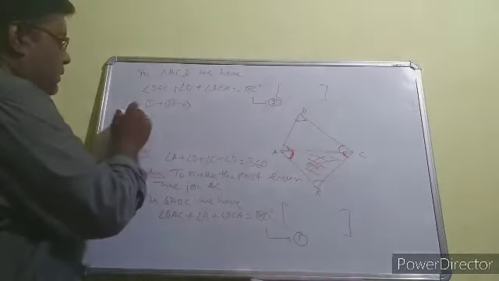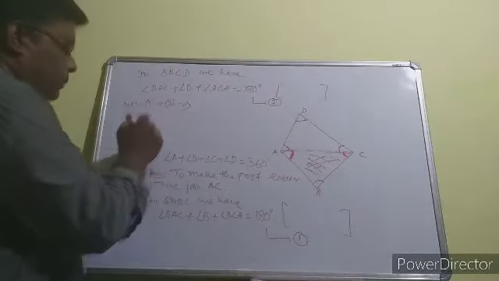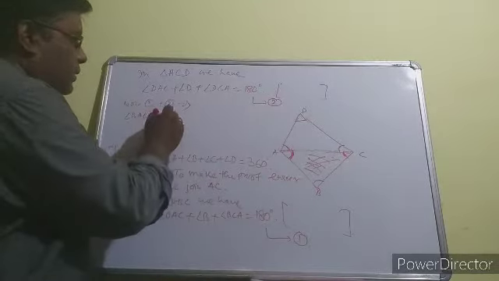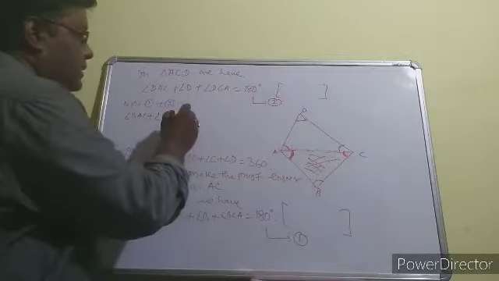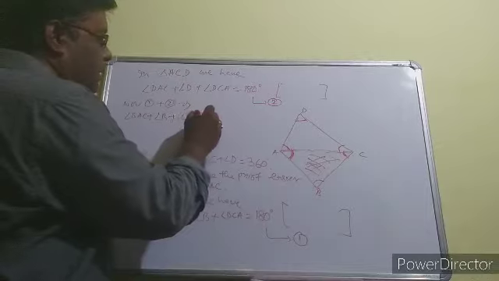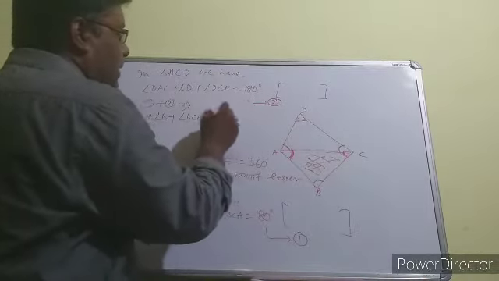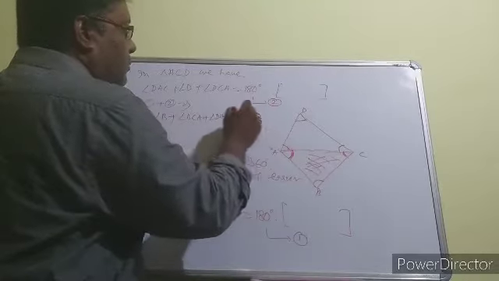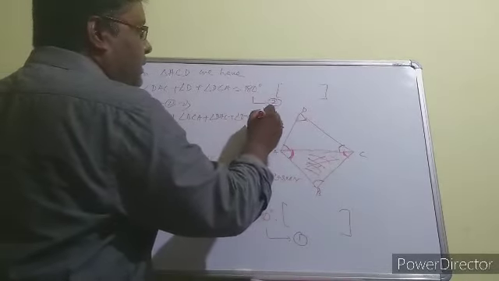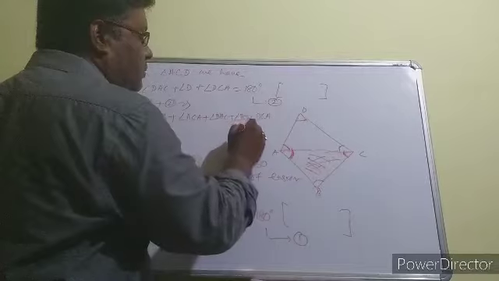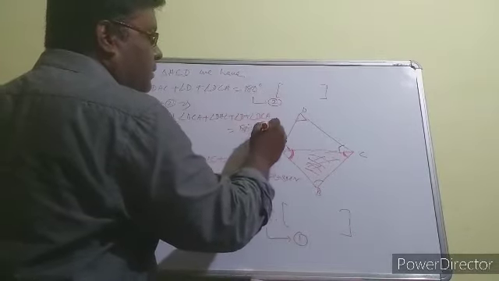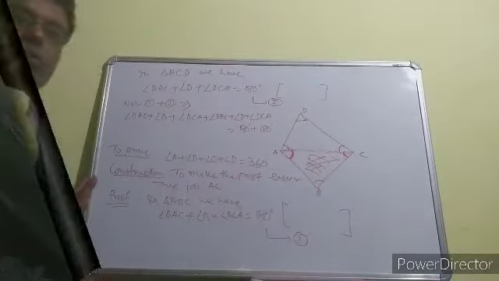So angle BAC plus angle B plus angle BCA plus angle DAC plus angle D plus angle DCA is equal to 180 plus 180 degree.